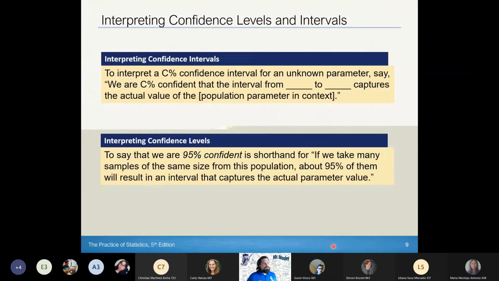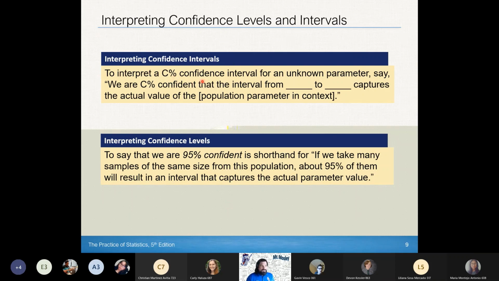So we get these two statements, right? These two things I think you should have in your notes so that you can use them in examples and have the proper verbiage in the right order when talking about these two different things. So, interpreting confidence intervals.